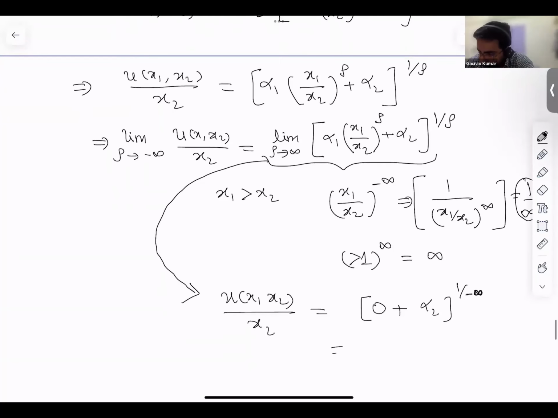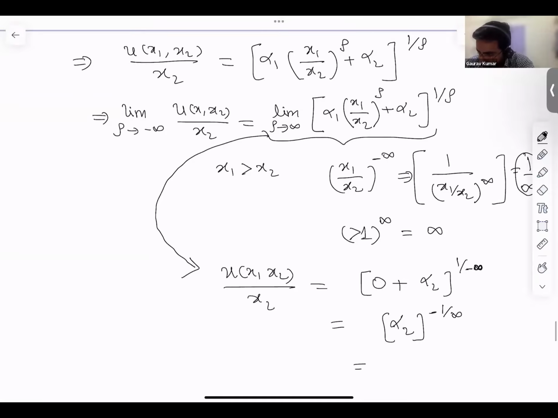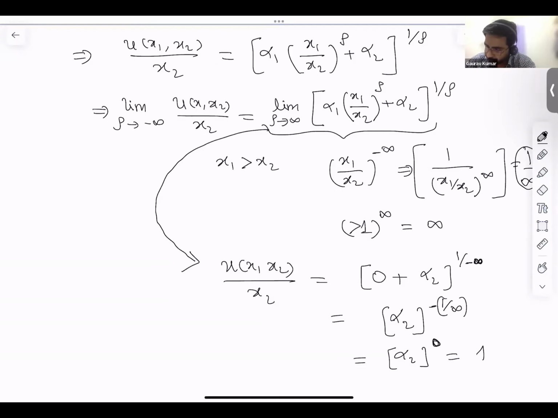So what you have is alpha 2 to the power minus 1 by infinity, and so it becomes nothing but alpha 2 to the power 0, because 1 by infinity is nothing but 0, and 0 and minus 0 is the same thing, so it's 1.